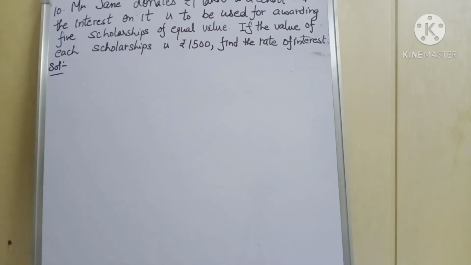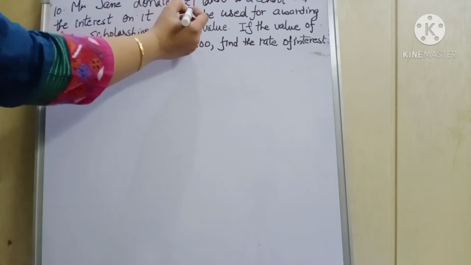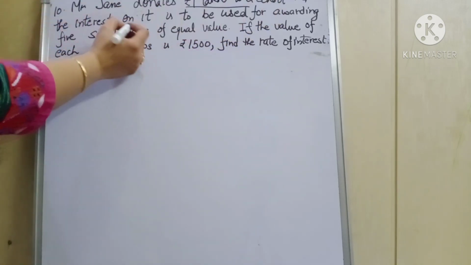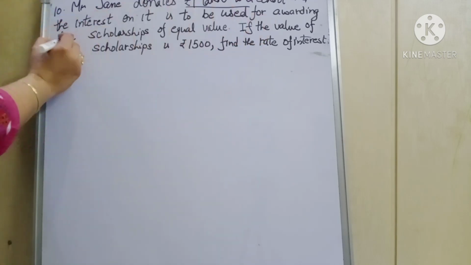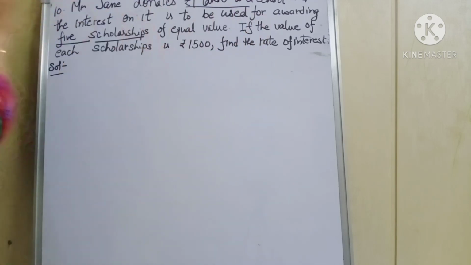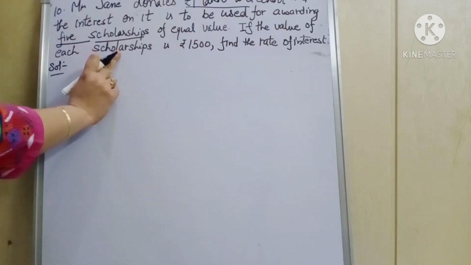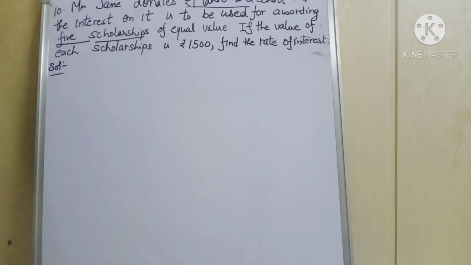Let us solve sum number 10. Mr. Jain donates rupees 1 lakh to a school, and the interest on it is to be used for awarding 5 scholarships of equal value. If the value of each scholarship is 1500, find the rate of interest.